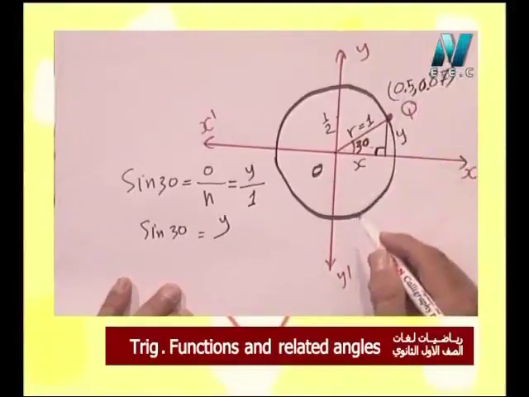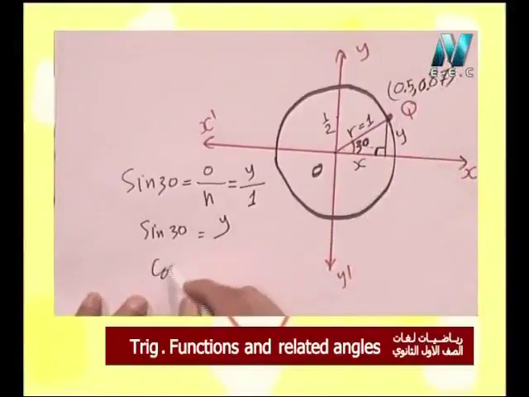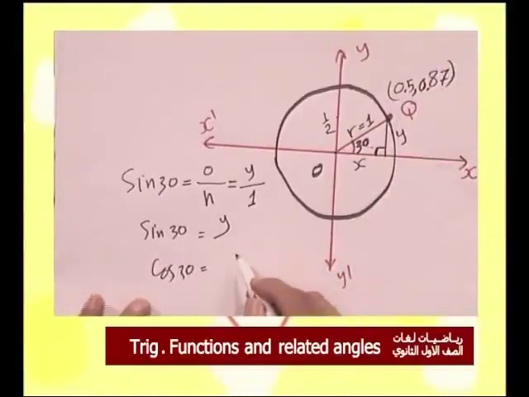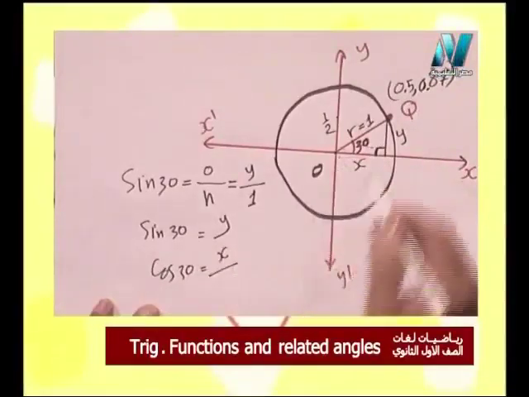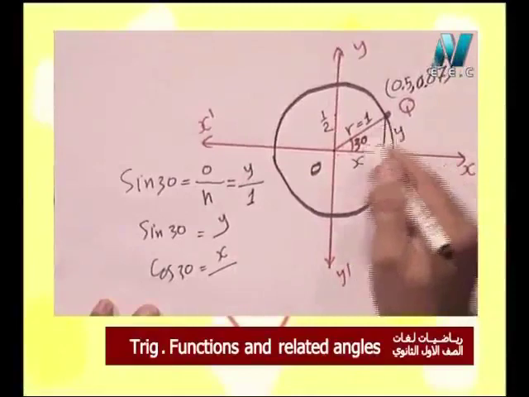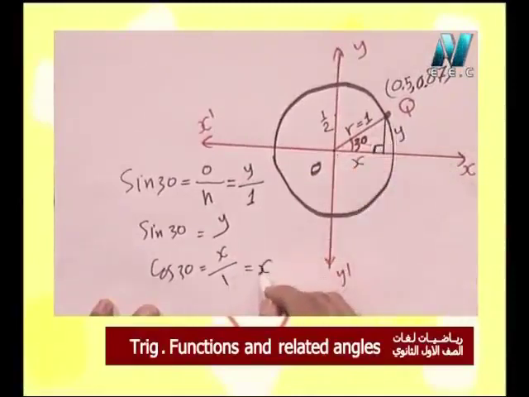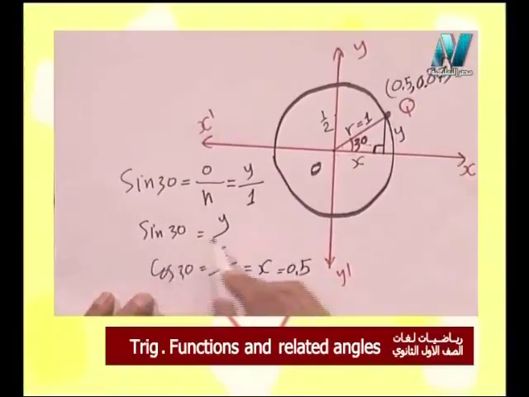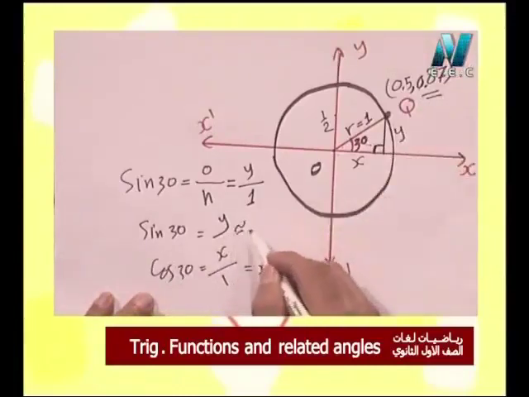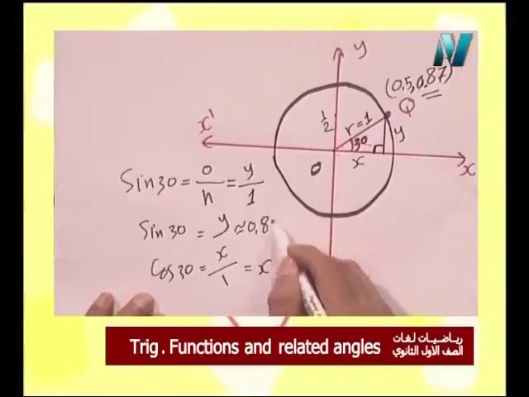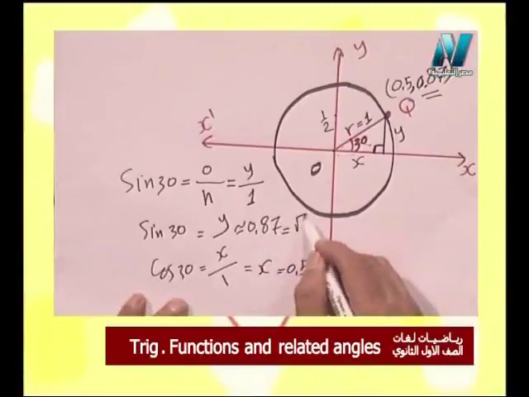So cosine 30 will be adjacent, which is x, over hypotenuse, which is 1, equals x. But sine 30 equals y.